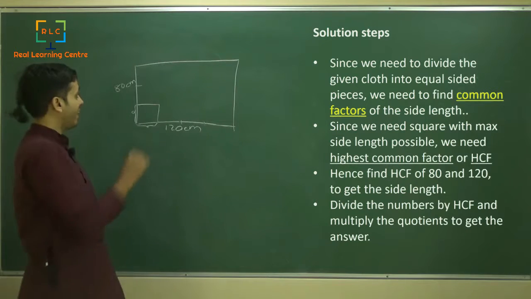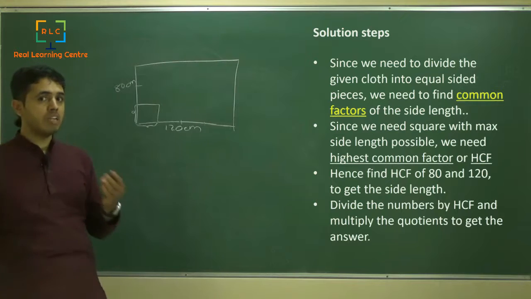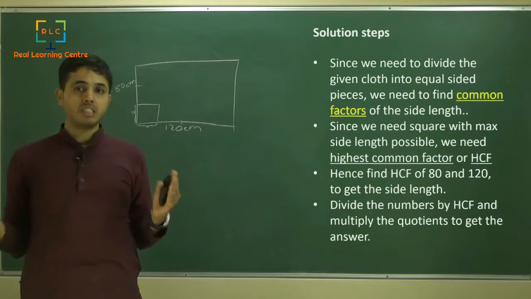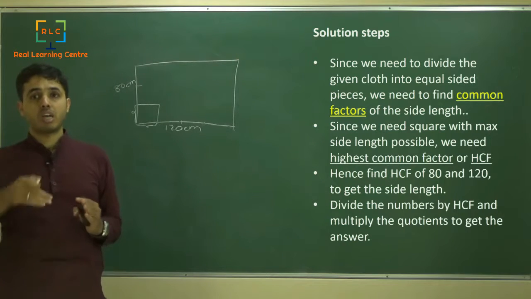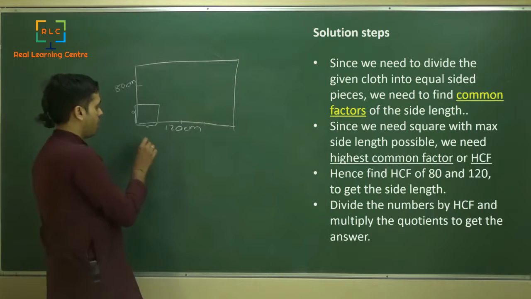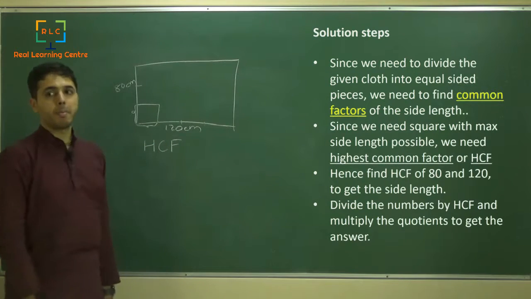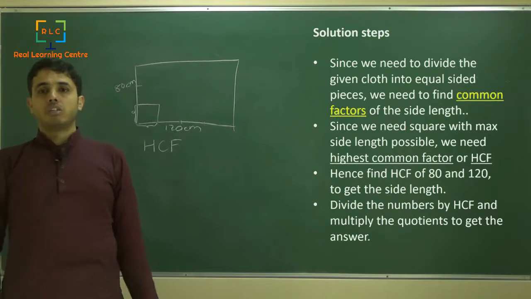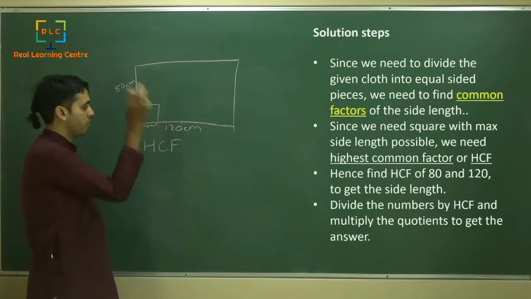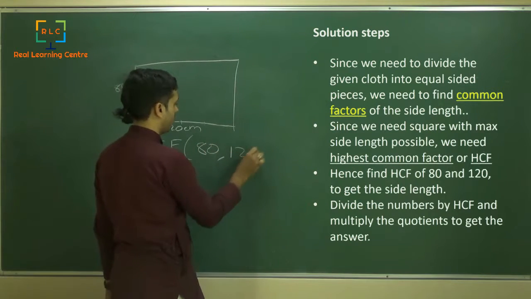And now, since I need the maximum possible size, given two numbers you can have many factors, but since I want the largest sized handkerchief, I have to go for the highest common factor. So these are the important keywords. So go for the highest common factor. Now the task reduces to finding the highest common factor of 80 and 120.